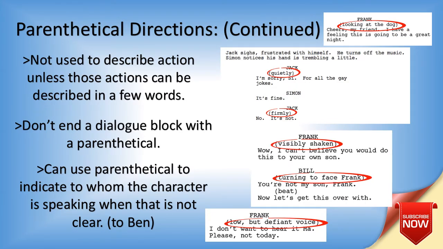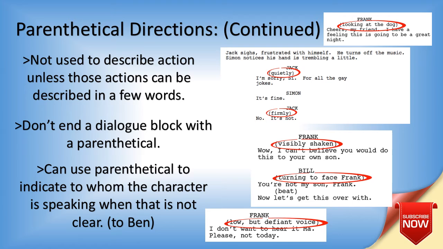Here's one last thing I want to touch on: parenthetical directions. They're not used to describe actions unless those actions can be described in a few words. So like I mentioned before, if you want the character to do a lot of things and it's not going to fit in that parenthetical, then just start a whole new line with action description or narrative description and put it there.